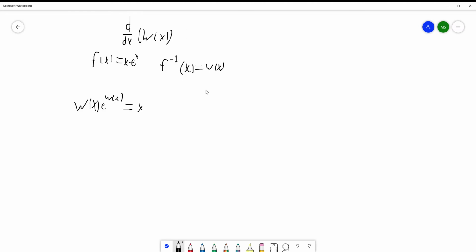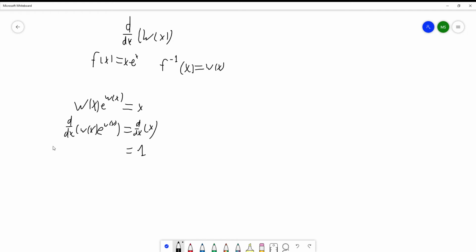Now let's do the same thing for the W function. So we take the derivative of this. We know that this is 1. This is actually going to be really long, because we have to use the product rule and the chain rule over here.